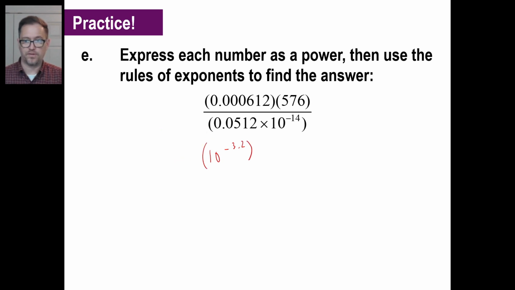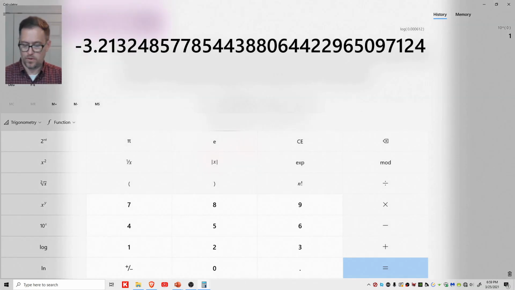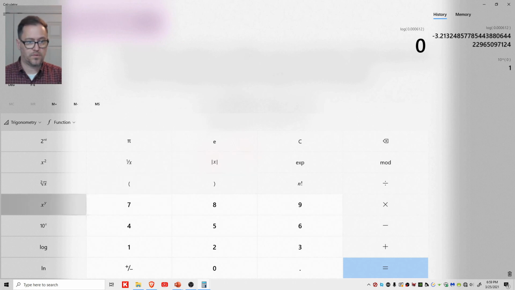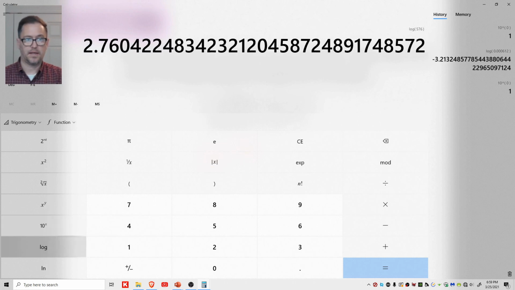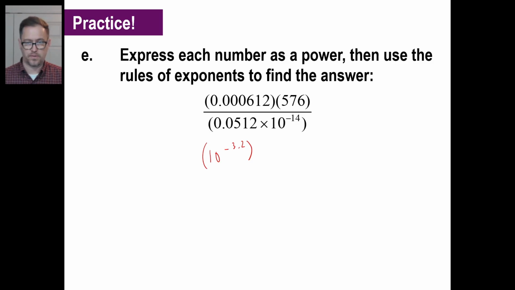Now let's get 576. We'll go 10 to the x power, 576, and then log, and 2.76, okay? I just want to stop for a second and make sure you understand.